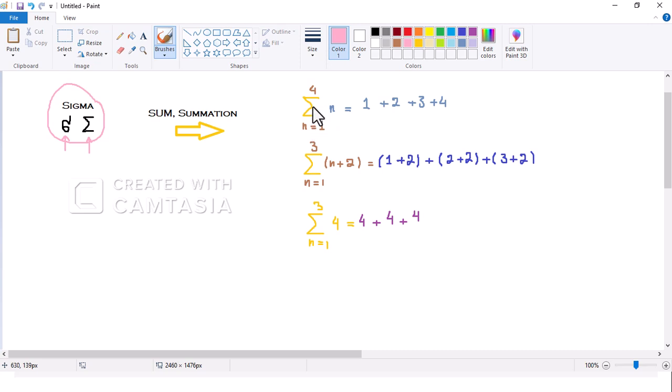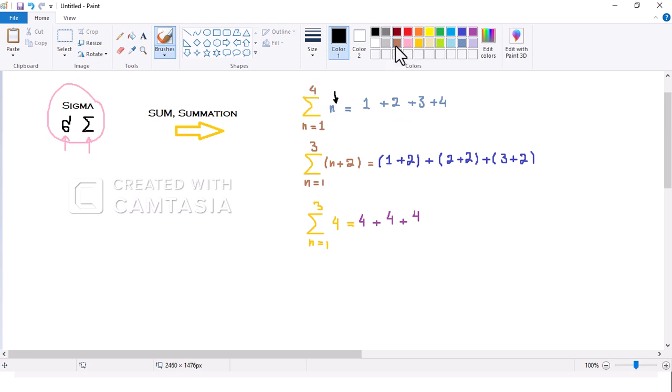When we have a sigma symbol, we have a lower part and an upper part. At the lower part, we write n equal to 1, going up to 4 for the number n. This means you should repeat the number n from n equal to 1 up to 4 and add all of them together.